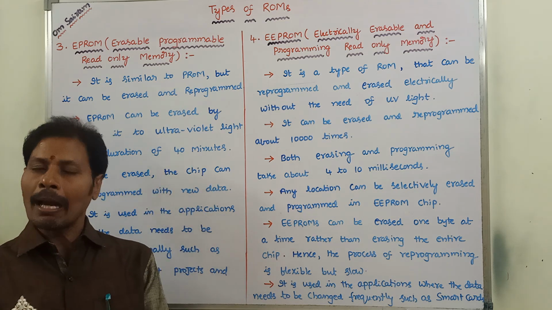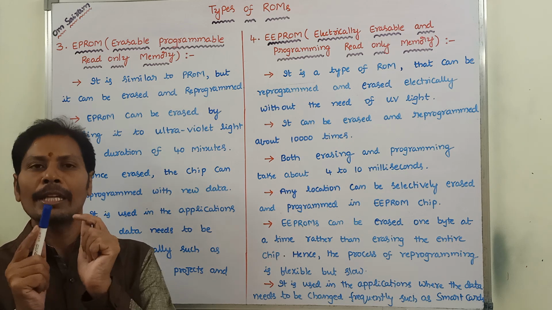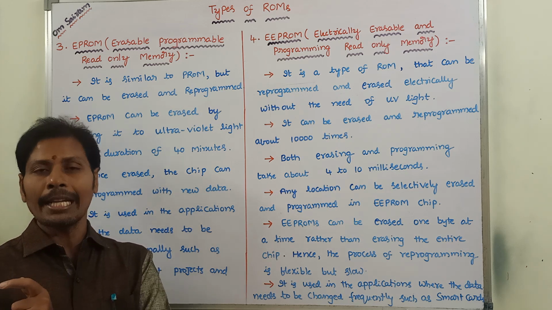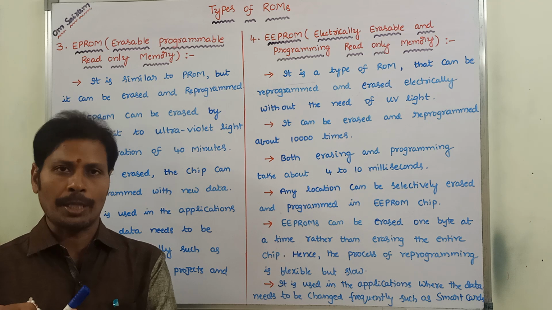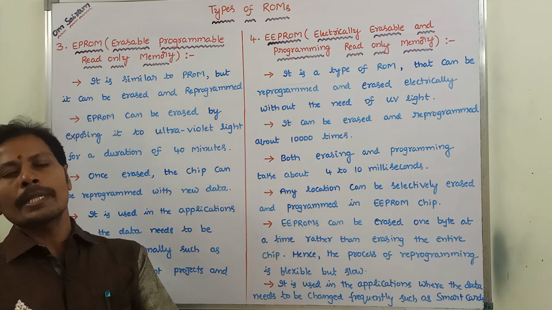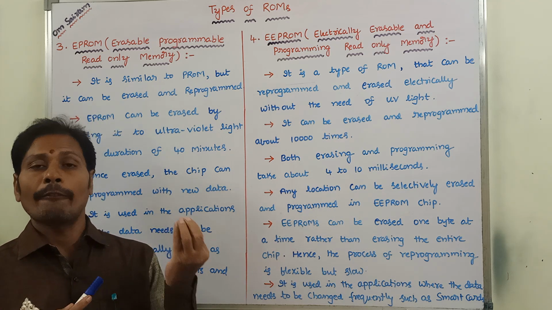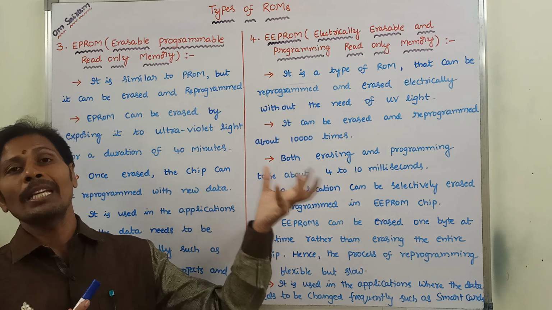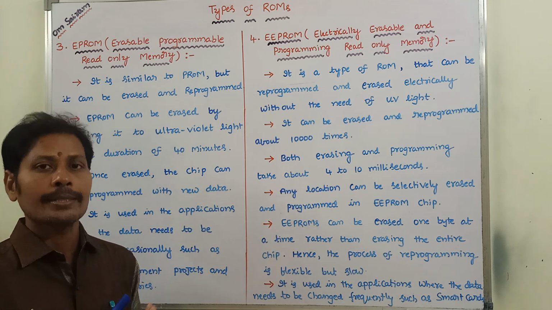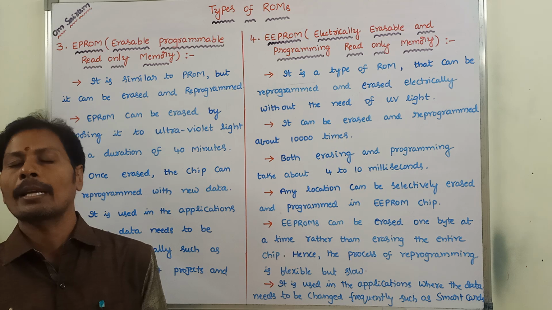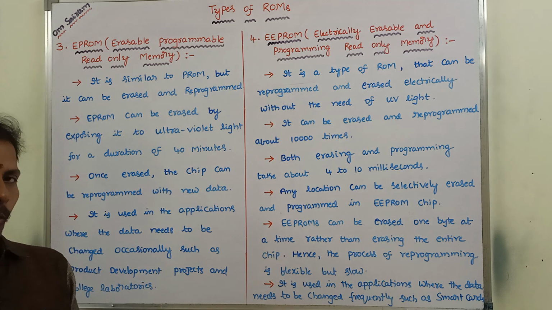Once the data is erased, new data can be written into the EPROM chip. It is used in the applications where the data needs to be changed occasionally, such as college laboratories and product development projects.